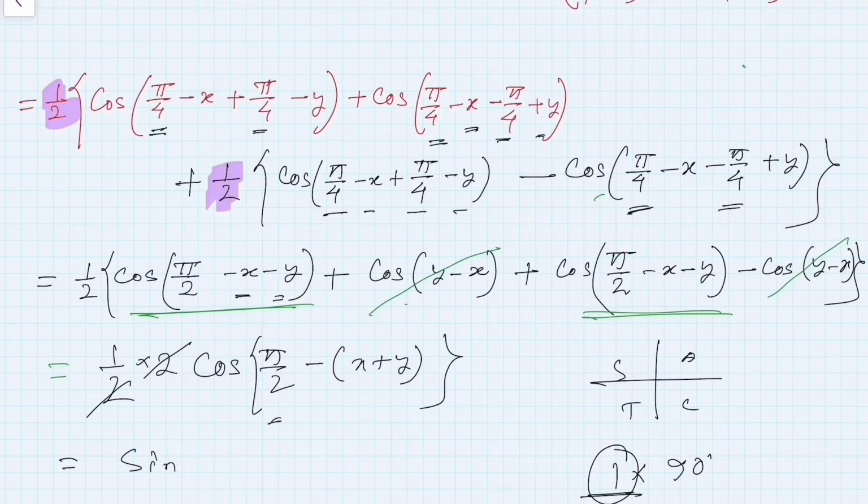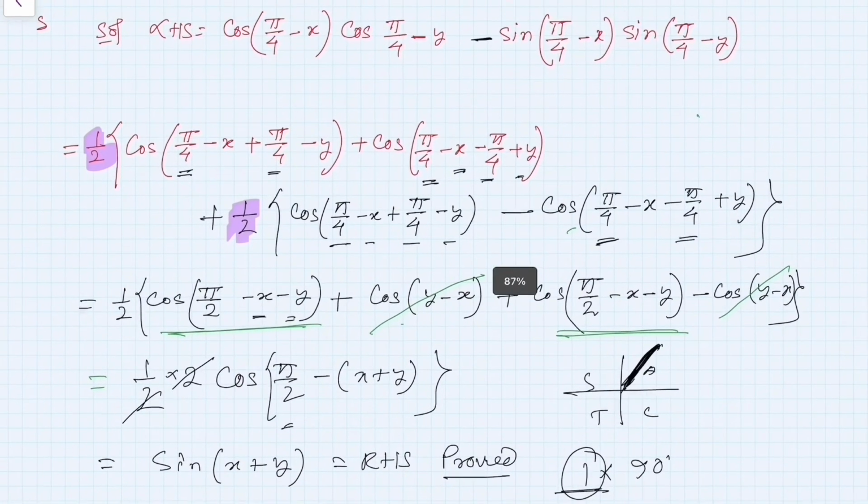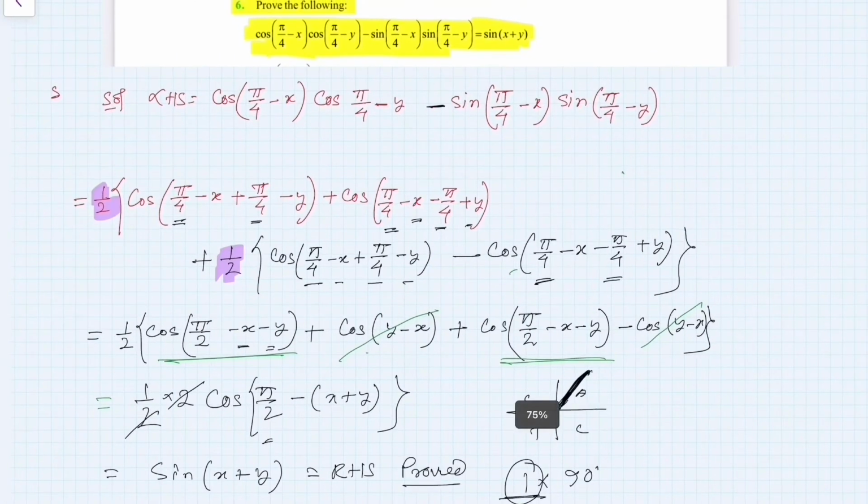And 90 minus something is in the first quadrant, this angle must be lying in the first quadrant, where all ratios are positive, so we will get sine(x plus y). So this is the right hand side, hence proved. Let me minimize this. So this is your complete solution of question number 6.